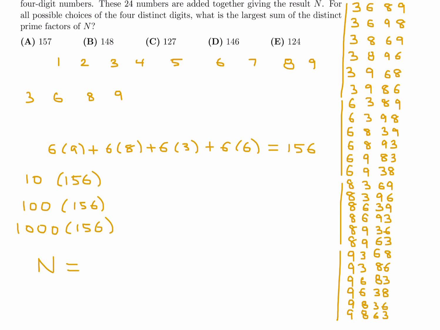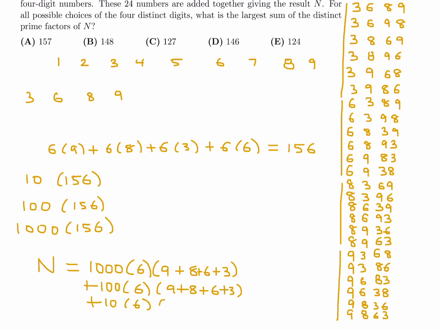And n looks to me like a very interesting pattern, that it's going to be 1,000 times 6 times the numbers added together, which in this case are 9, 8, 6, 3, plus 100 times 6 times the numbers added together, and then plus 10 times 6 times the numbers added together, and finally the number 6 times the numbers added together.